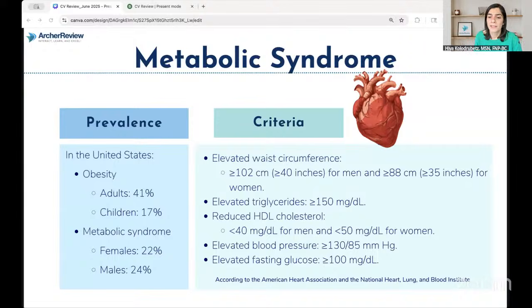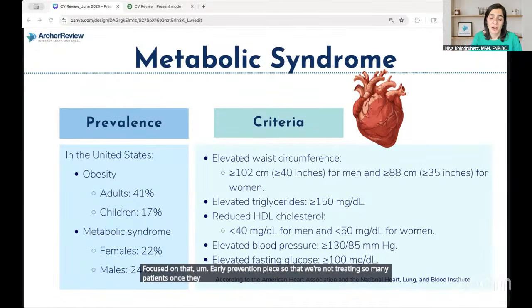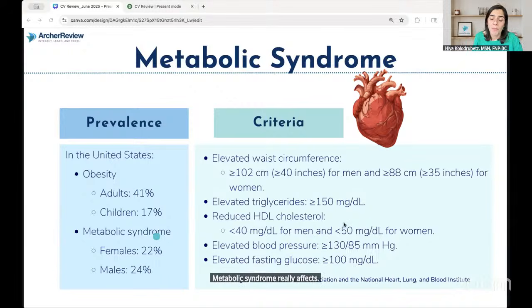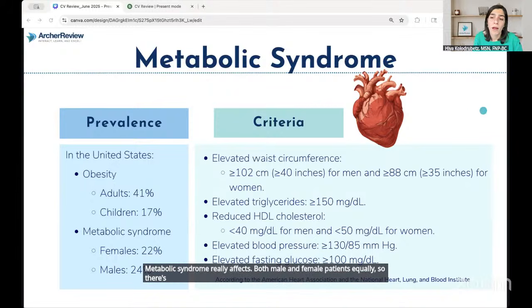The healthcare system really needs to be focused on that early prevention piece so that we're not treating so many patients once they've already reached that disease state. Metabolic syndrome really affects both male and female patients equally, so there's not one that's more affected than the other.